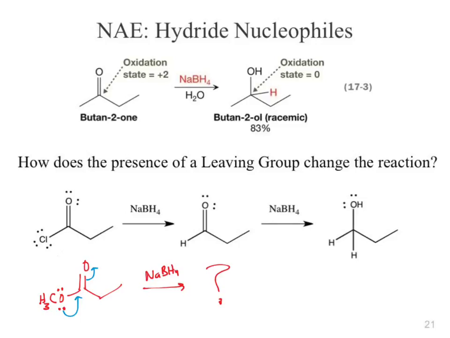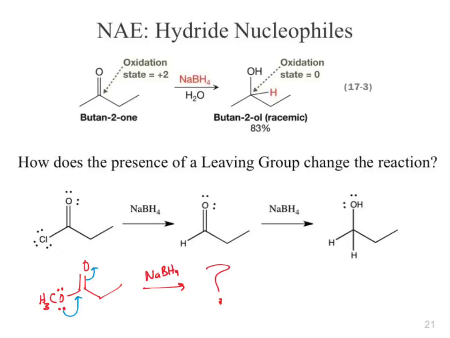So let's take it to the next level. Aldehyde versus our ester. Which is more reactive? Okay, so we're hearing both answers here. Why are you saying the aldehyde? It's the same argument.